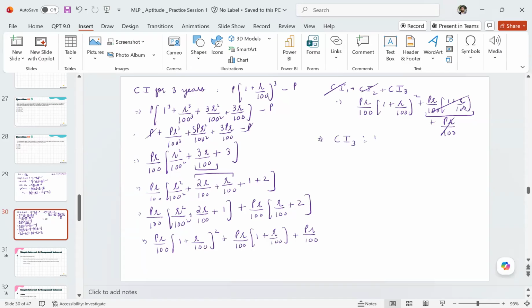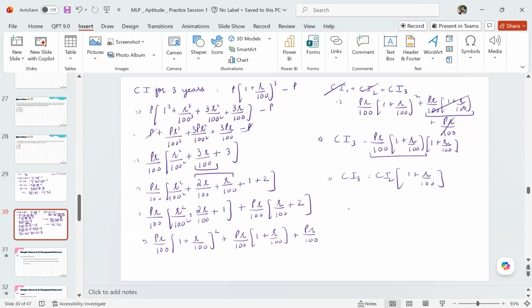What are you left with? CI3 is equal to PR upon 100 multiplied by (1 plus R upon 100) multiplied by (1 plus R upon 100), because it is square. Now this value is nothing but CI2. So CI3 equals CI2 into (1 plus R upon 100). Now I've shown you the derivation. It's not important for you to remember the derivation.